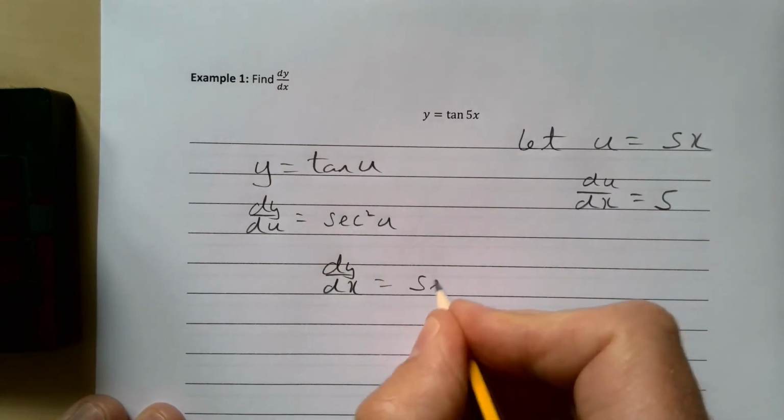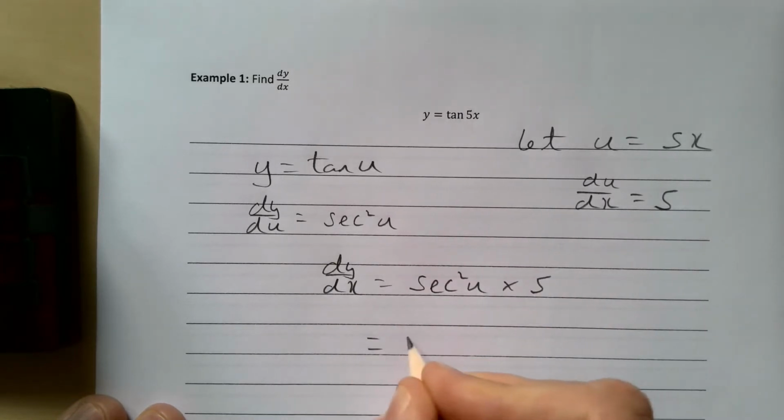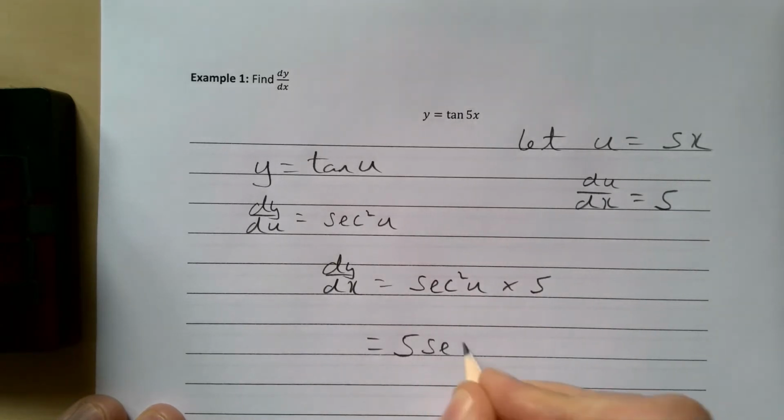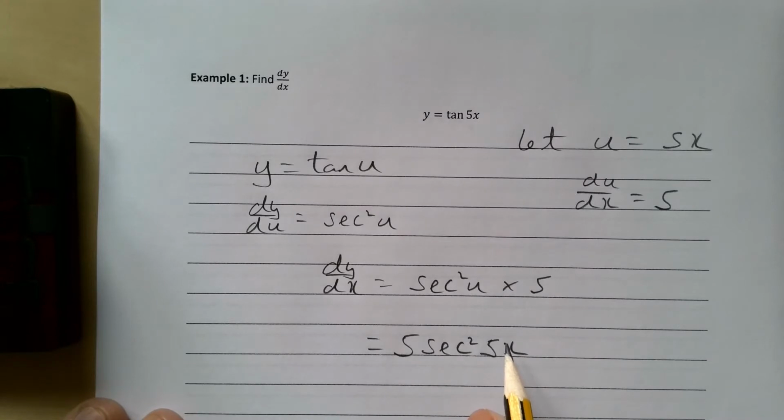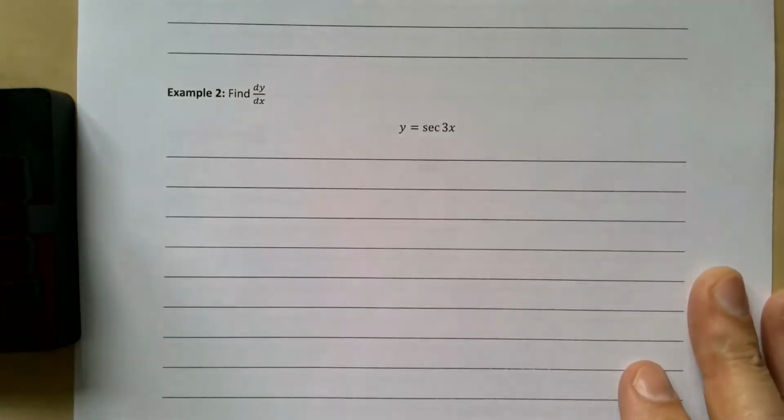So it's going to be sec squared u times 5, and that's going to give me 5 sec squared 5x. Again, keeping the same pattern as before with the sine and cos stuff. I hope that makes a reasonable amount of sense to people.